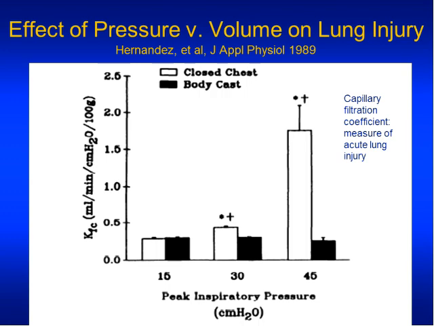It's not surprising that when you applied 45 centimeters of pressure to animals with normal lungs, with normal compliance, there was a dramatic rise in acute lung injury, as indicated by the filtration coefficient. What is very surprising to many, I think, is that when you constrain the chest wall movement so that the delivered tidal volume remained in the physiologic range, despite exposure to those very high pressures, there was no increase in the capillary filtration coefficient. So pressure, without causing a correspondingly large volume, does not in fact injure the lungs.